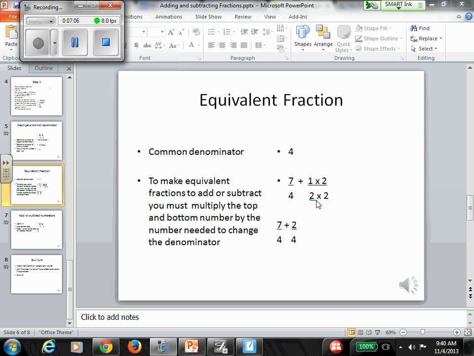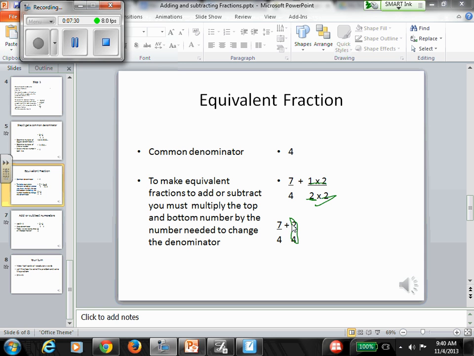Since we want the 2 in the denominator to turn to 4, we would need to multiply it by a 2. Therefore, we have to multiply the 1 by a 2 in the numerator. So our old fraction of 1/2 is now written as 2/4.